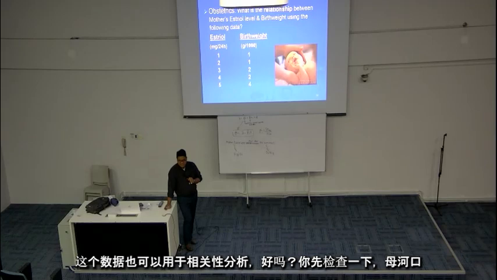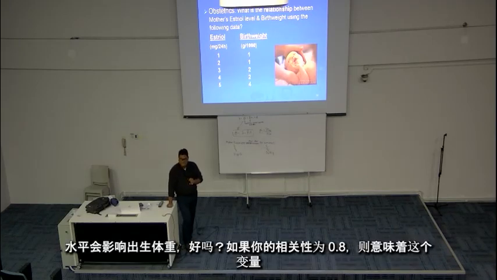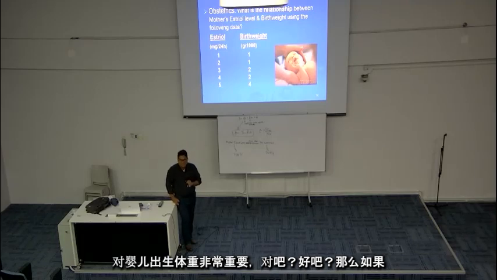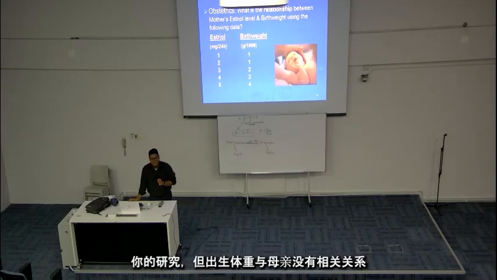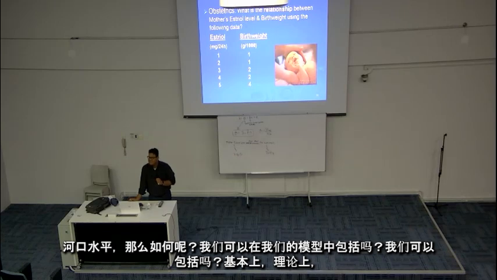You check first, does the mother's estriol level affect the birth weight? If your correlation gives you 0.8, it means that this variable is very significant to the baby's birth weight. How about if you didn't get the desired value of correlation? You want to consider the birth weight in your study, but it does not have a relationship with the mother's estriol level.